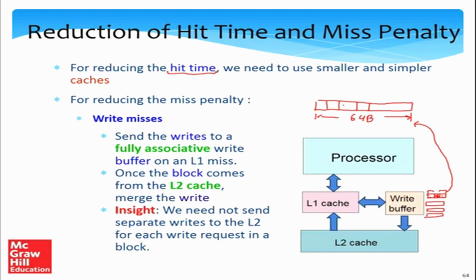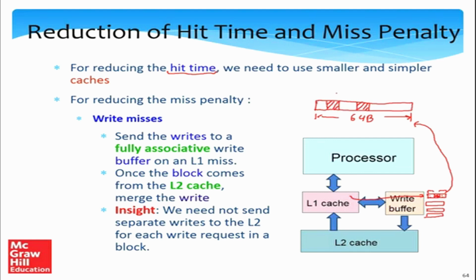A naive approach would be that we first get the data from the L2 cache to the L1 cache, and then we do the writes. But this will take time. What we can instead do is that the writes can go to an entry in the write buffer. We can allocate an entry and write 4 bytes. Similarly, if another write comes for the same block, we can write the other 4 bytes, and we can wait for the line to come from the L2 cache.